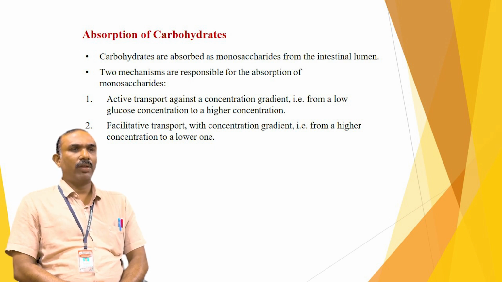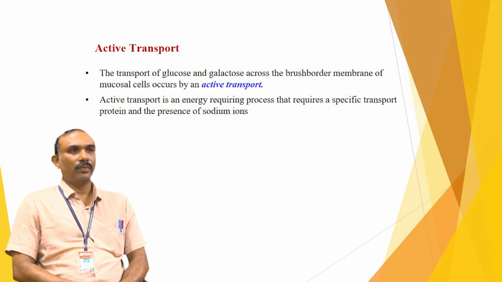Facilitative transport is the movement of glucose with the concentration gradient, from higher concentration to lower concentration. Now, active transport: the transport of glucose and galactose across the brush border membrane of the mucosal cells occurs by active transport.